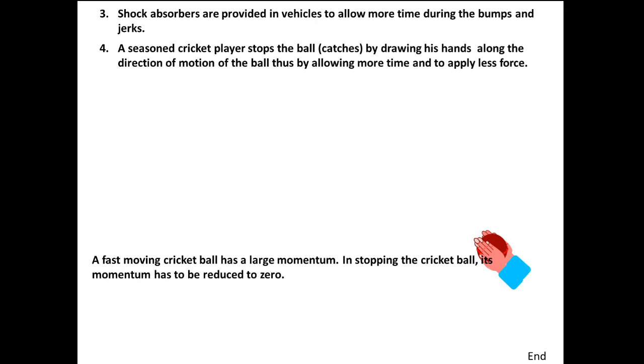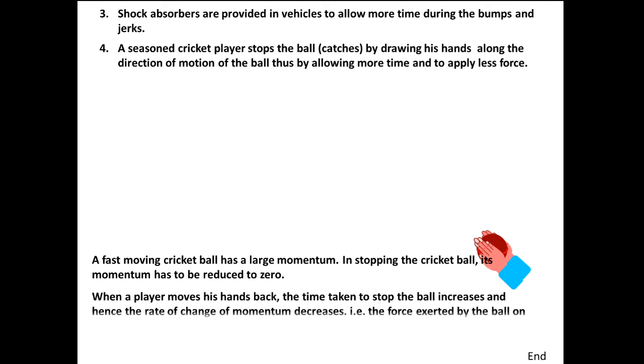Here see, the hand is in the direction of the motion of the ball. A fast moving cricket ball has a large momentum. In stopping the cricket ball, its momentum has to be reduced to zero. This is all about Newton's second law of motion.